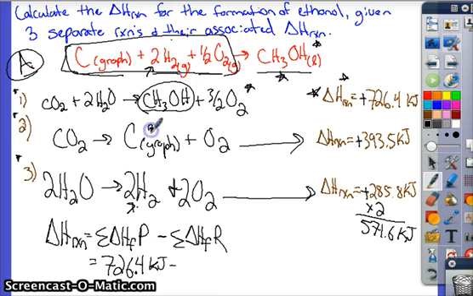We have reactant 1, 2, and 3. So we will add those 2 delta H's together, and we would have 393.5 kilojoules plus the 571.6 kilojoules.